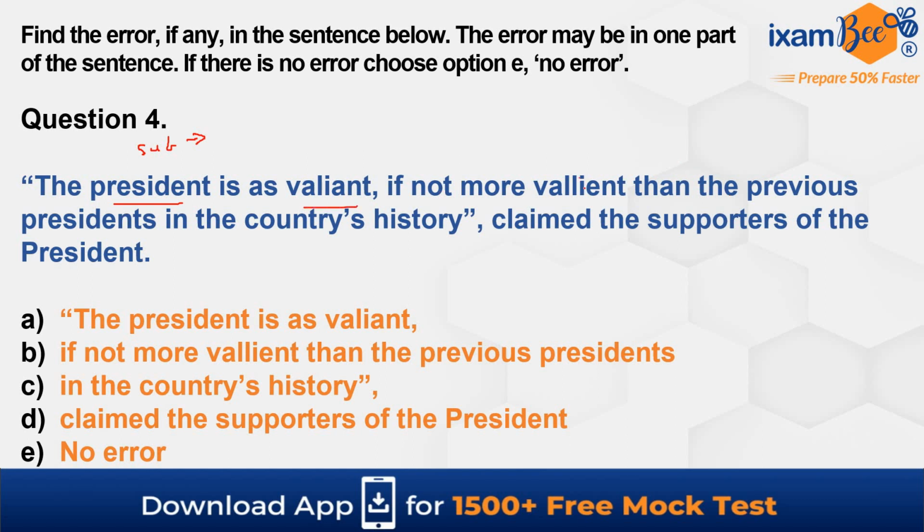Kindly ignore the spelling mistake here, right? So only one adjective is being used for this subject. But what's the case? This adjective is being used in two different degrees. You see that at first, this variant is used in positive degree, right? And later, this is used in comparative degree.